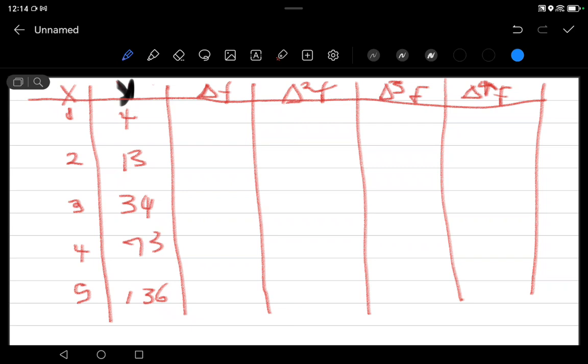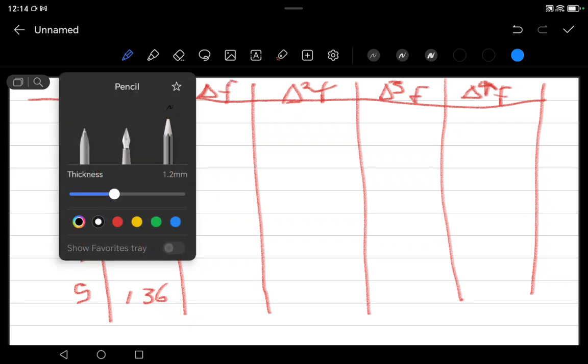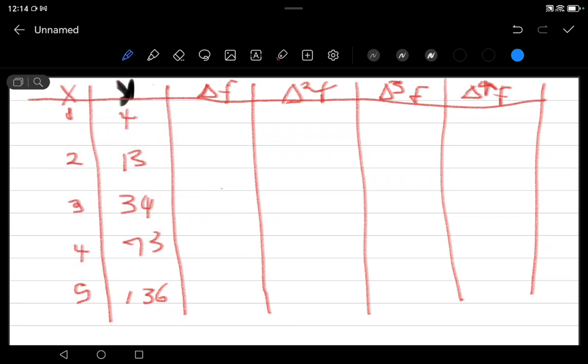To get the value of change in f, we're going to say 13 minus 4, which is 9. We write that answer here.